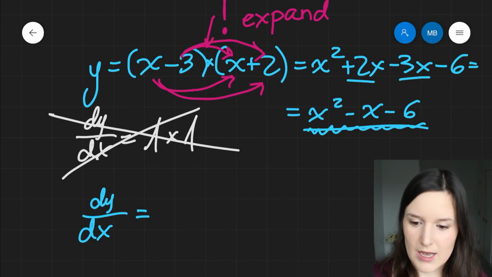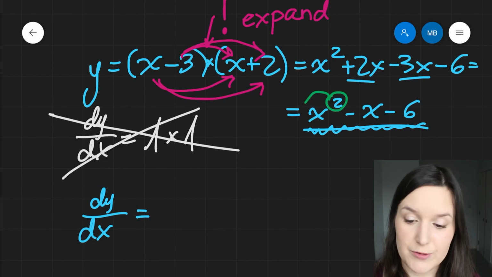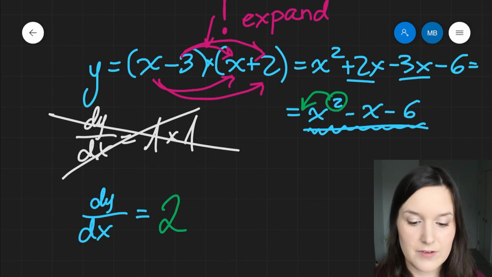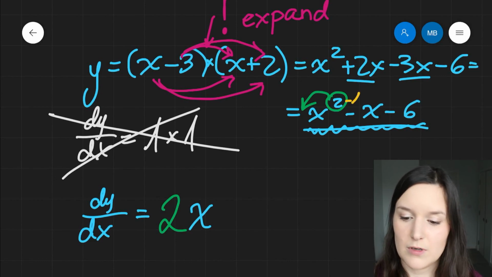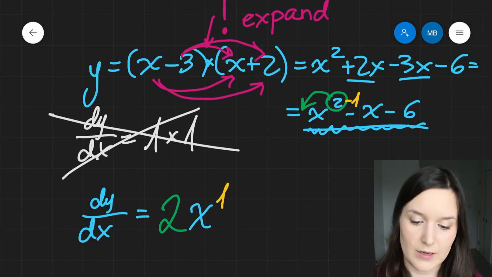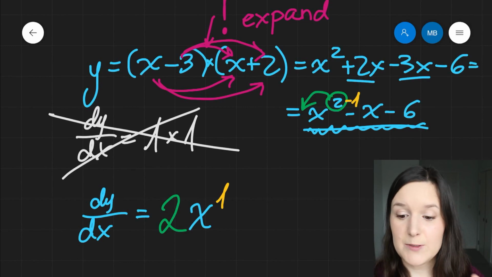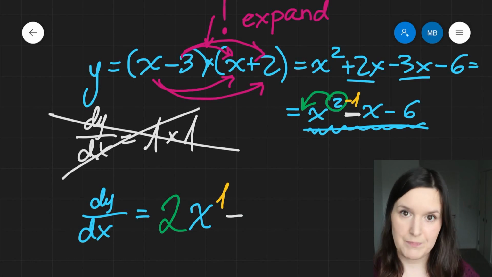Okay, so to find the derivative of x squared, again I use the power rule. So put the number in front, the power in front of everything, so it is 2. And x is to the power of, well, 2 minus 1 is 1. As I said in the previous example, minus stays, so it's minus.